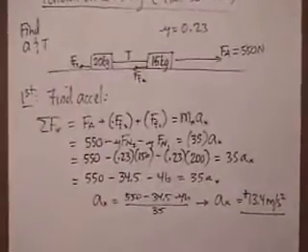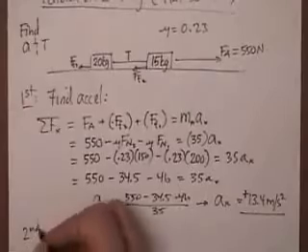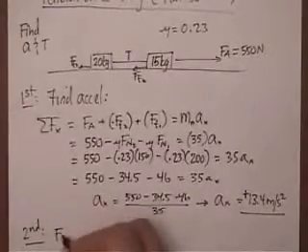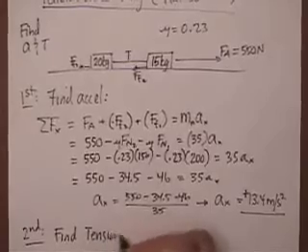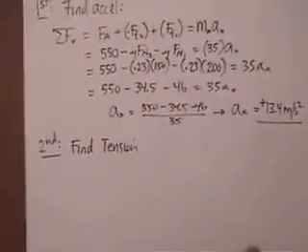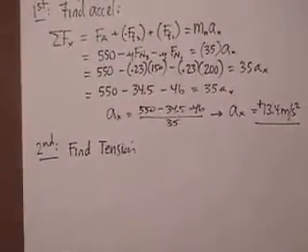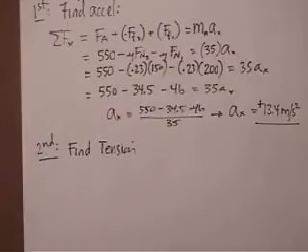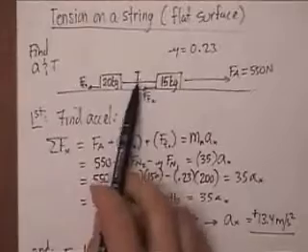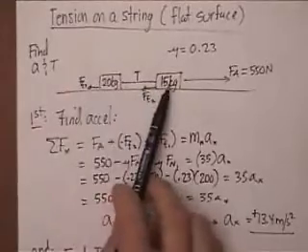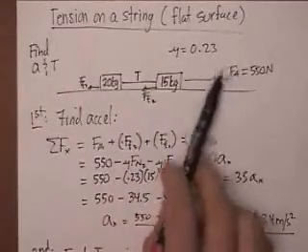Now what I want to do, for my second part, is find the tension. To find the tension in the string, what you need to do is identify which of the masses this tension is actually applying to. So it's not applying to the 15 because this force that's applied is pulling.